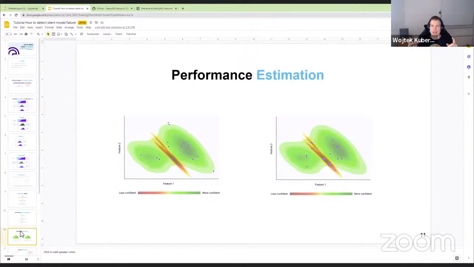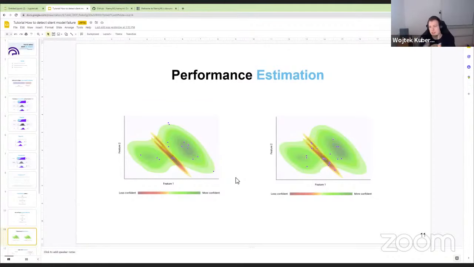And what we're trying to do with this algorithm that I'll explain in a while is to predict or estimate the impact of data drift on performance. So we are assuming that there's no concept drift, and we're looking only at the impact that data drift might have on performance. And imagine that the blue points are our data points, in our training data set on the left and production data on the right. And in training, they are spread throughout the entire space, whereas in production, they kind of converged or drifted.